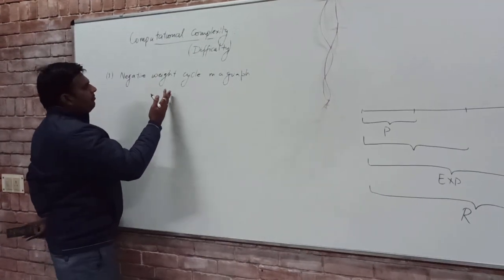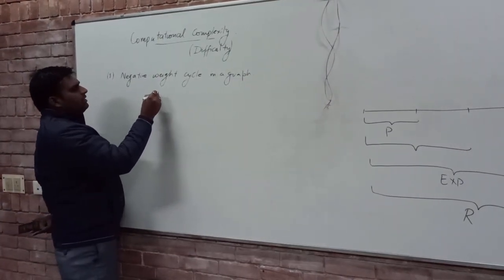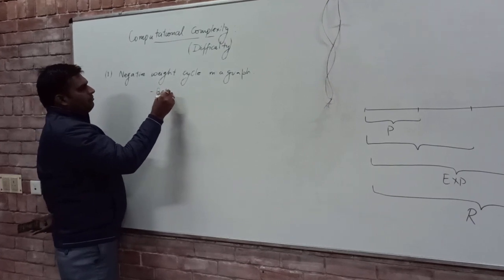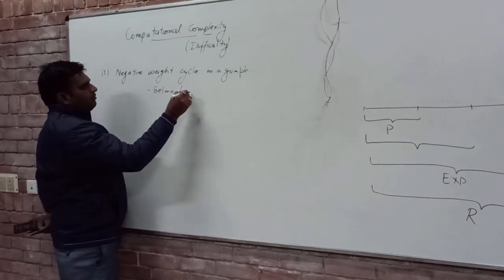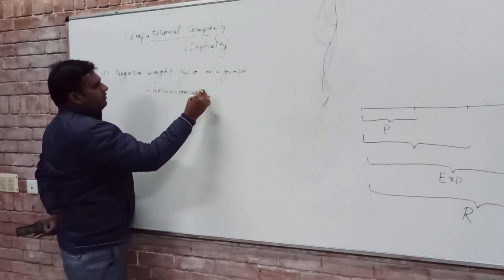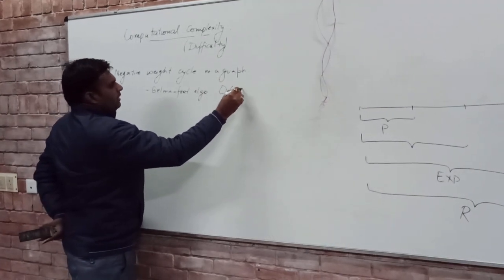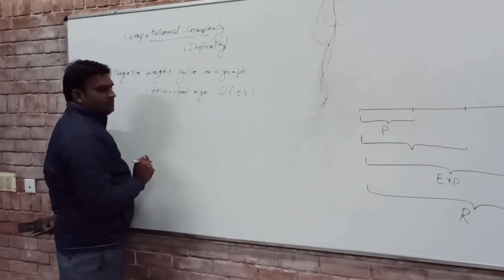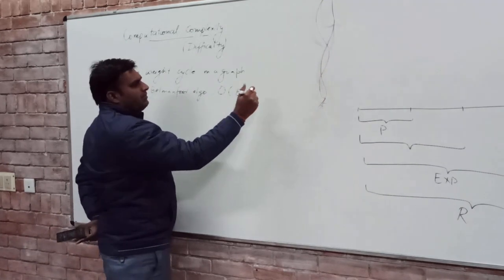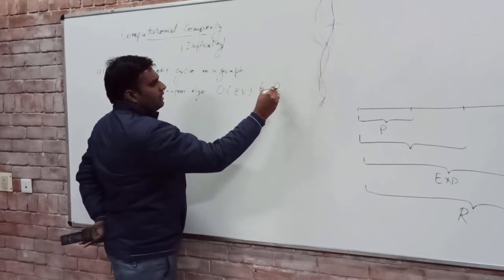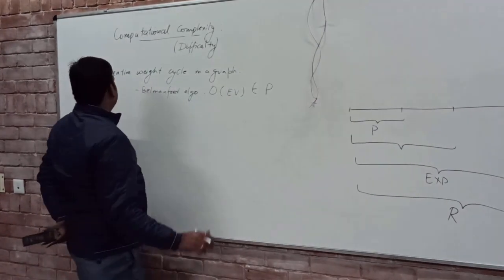This problem can easily be solved using the Bellman-Ford algorithm, which runs in order of E times V time. This is a polynomial time, that means this problem belongs to class P.